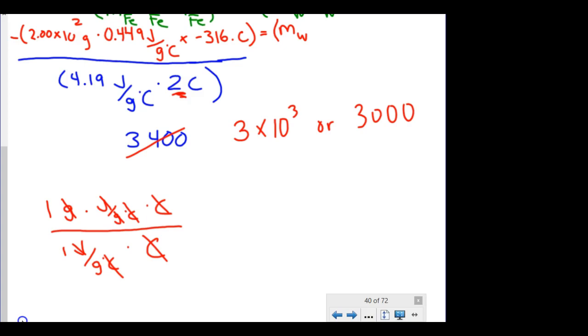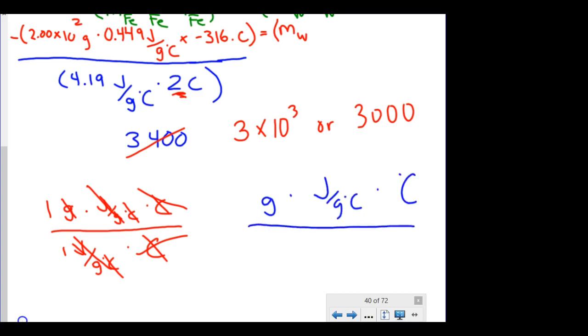Couldn't you just cross those? Yep, this, that. Ooh, okay. So I'll rewrite this so you can see what James is referring to here. Times joules over gram degrees Celsius times degrees Celsius over joules per gram degrees Celsius times gram degrees Celsius.